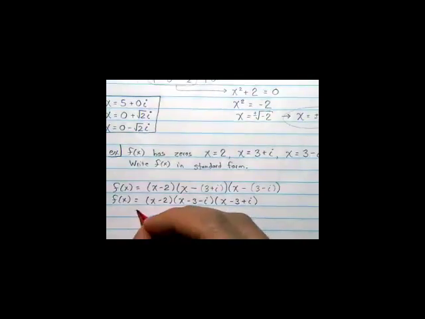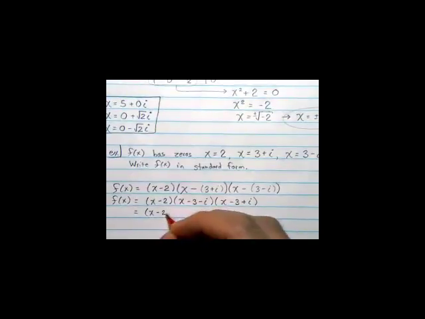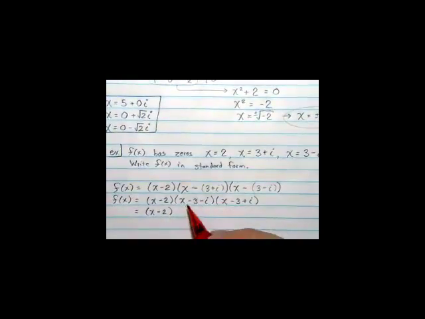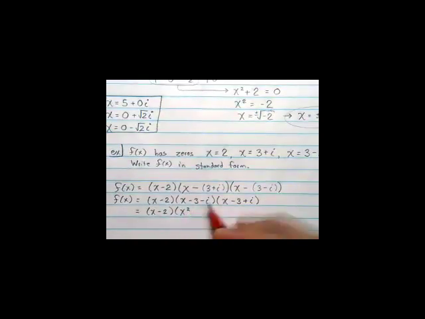Okay, so I'm going to leave this one alone. And let's just be very careful. Every part of this multiplies to every part of that. Okay, so x times x, x squared, x times negative 3, x times i, and then go to negative 3.